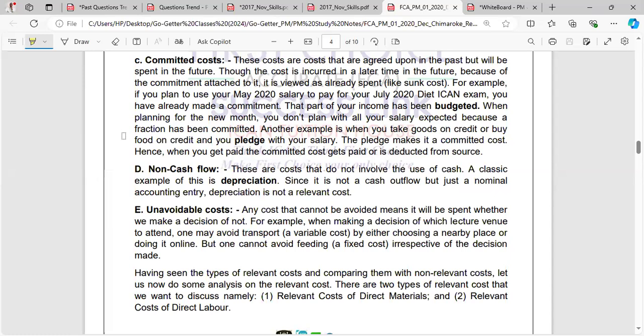Then we have unavoidable costs. Now, unavoidable costs are costs that you cannot avoid. Now, let's go back to that transport we were talking about before. Choosing a tuition house, you can avoid the transport by choosing a nearer center, by staying at home to read, or by coming on Zoom.